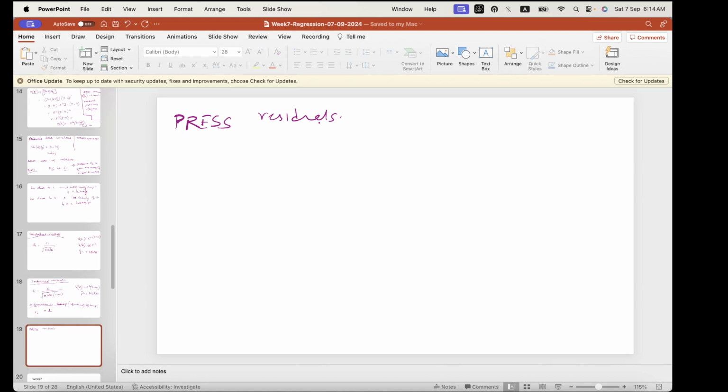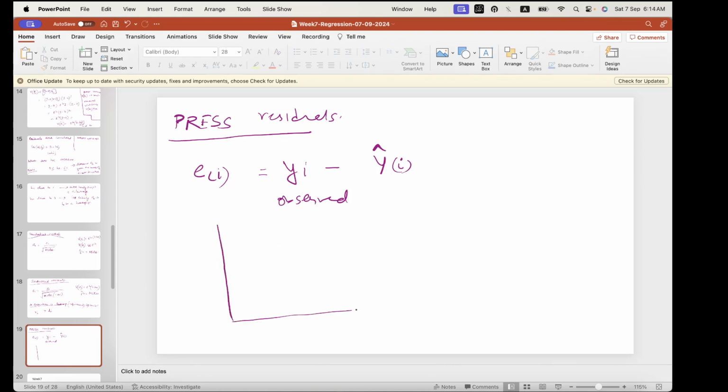Now, how does PRESS work? The PRESS residual is denoted by e(i), which is the observed yi minus yi predicted without the ith observation. Let's say I go here to this inflated example.